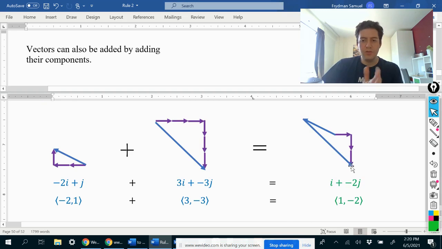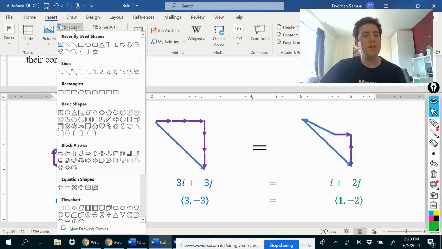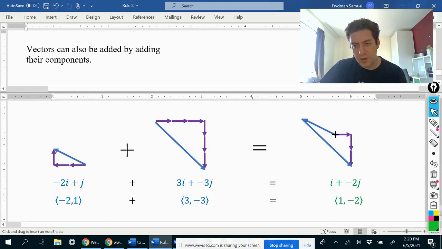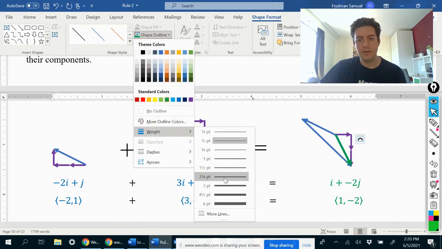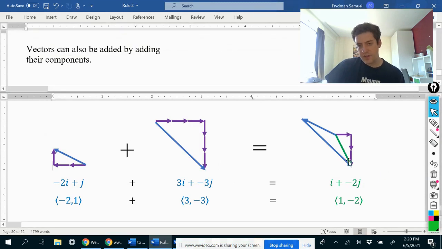You can see, maybe I didn't do that perfectly, but hopefully you get the idea there. Then we draw a third vector, which is our sum vector, from this unconnected tail to this unconnected head over here. You can see that this sum vector does match the components which we already had, 1i vector and then negative 2j over here. So why did that happen?